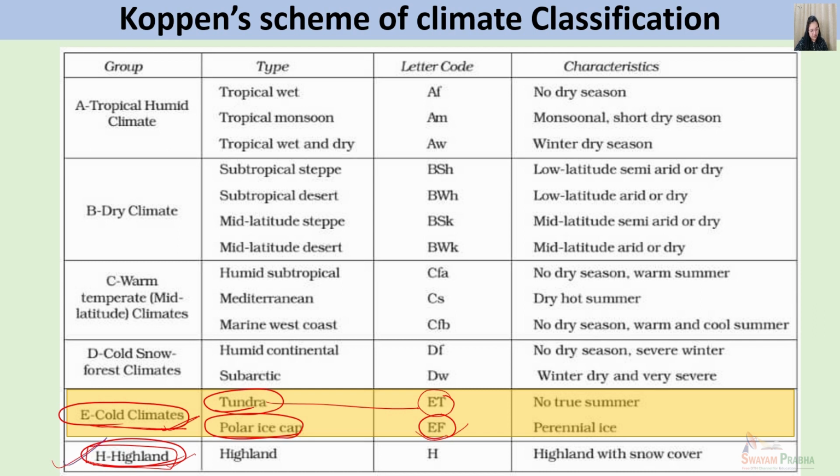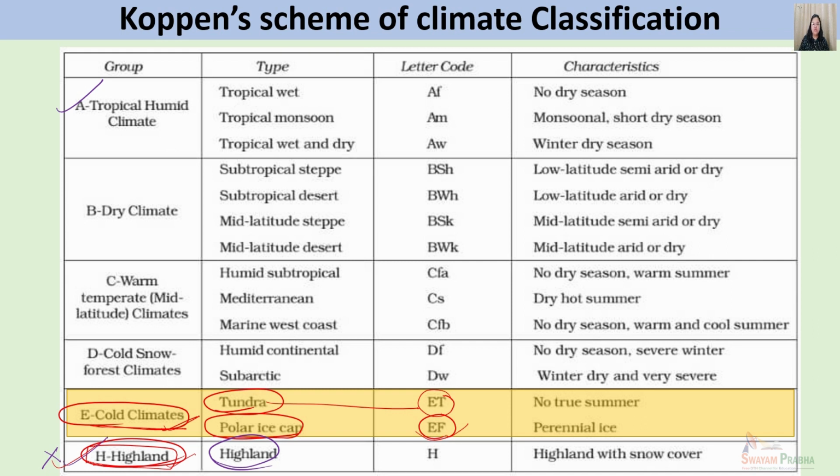So H resembles highland type of climate, but in his initial original categorization, the H type of climate is non-existent. Only the first 5 types of climatic regions A, B, C, D and E were talked about, and H type of climate was later on added during subsequent revisions of the Koppen's classification.